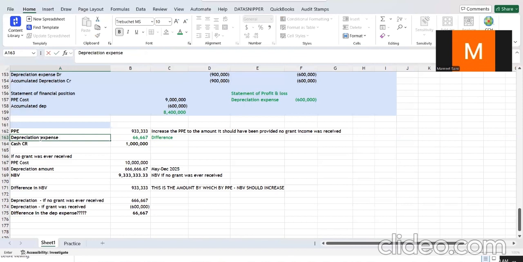So that's what we should be doing. Okay, so that's how we do the repayment of an IAS 20 capital grant if option 1, the net PP&E option, is followed.